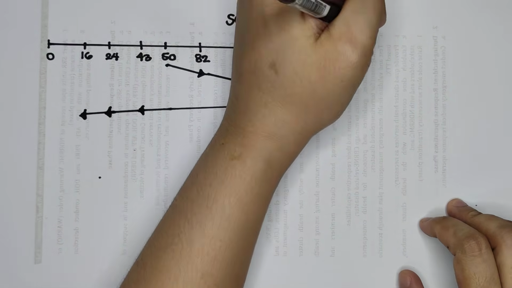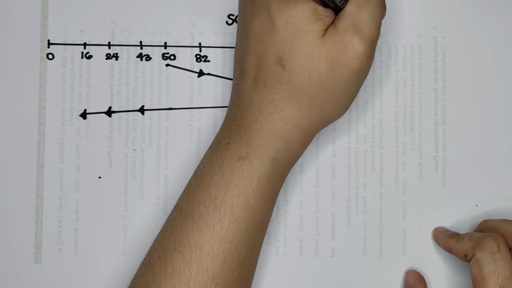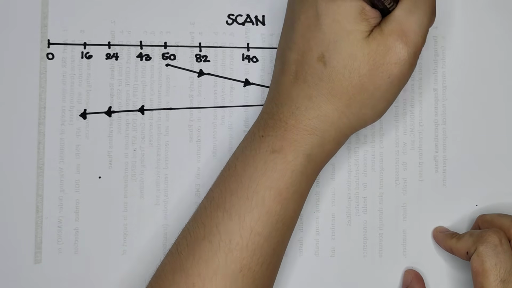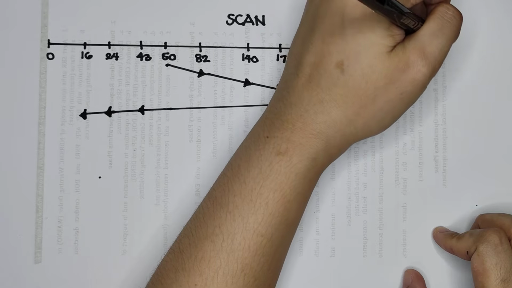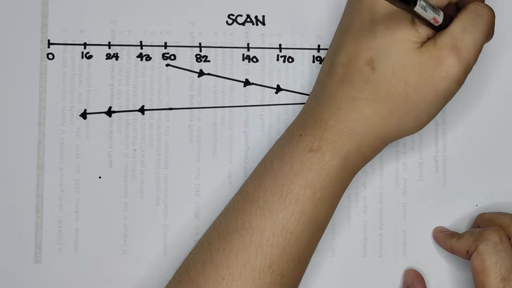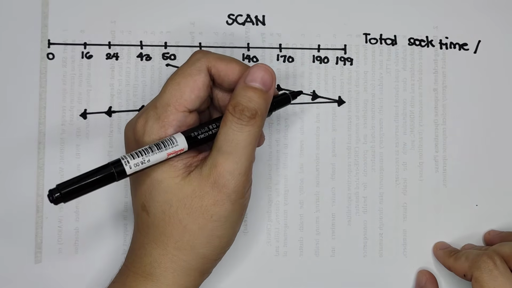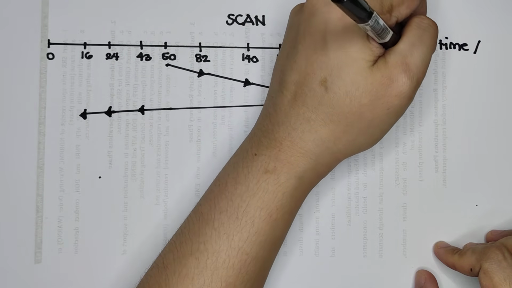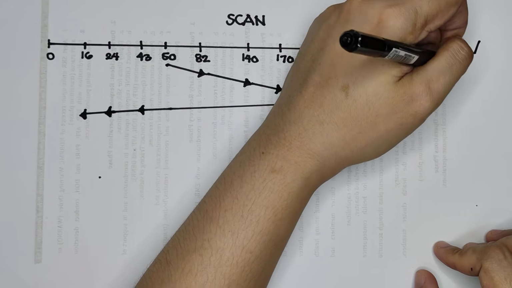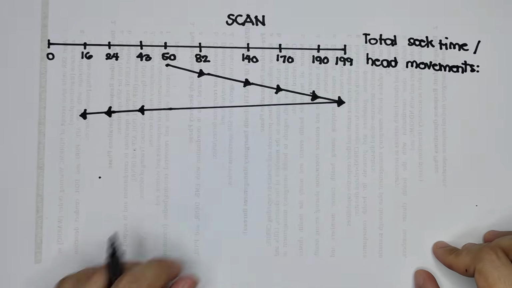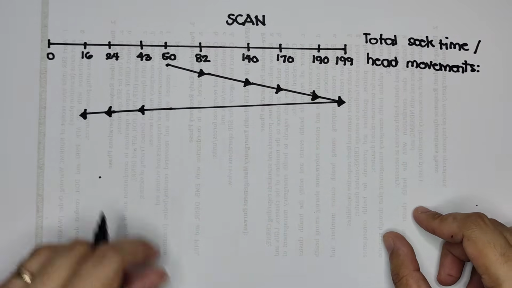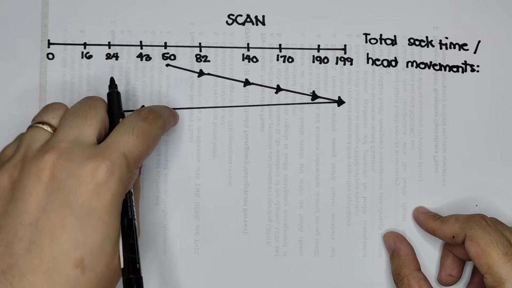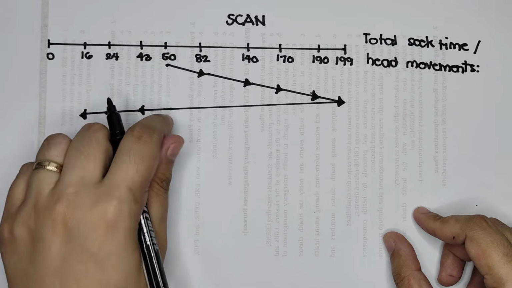the easiest way is to get the total seek time or the total head movements. To calculate the total head movements for SCAN, it's very easy because you only have 2 lines.